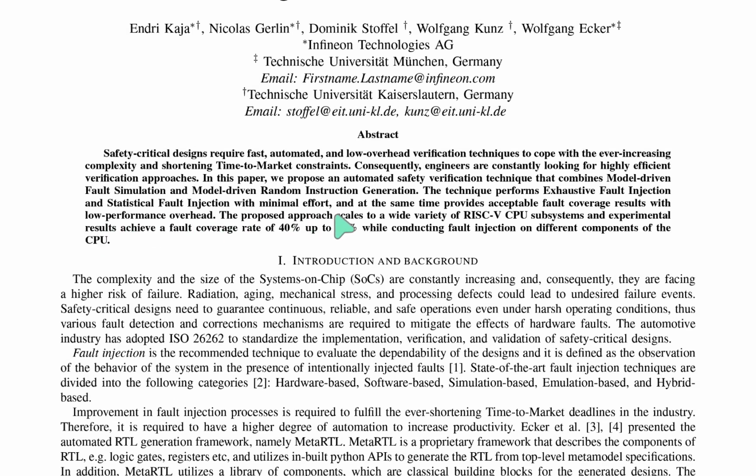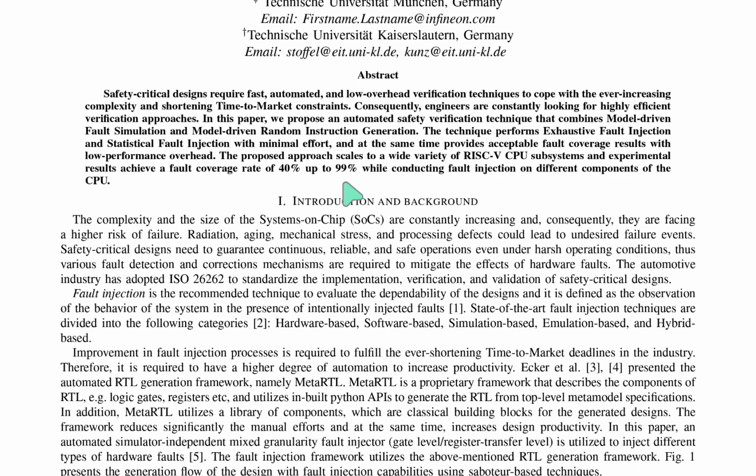The proposed approach scales to a wide variety of RISC-V CPU subsystems, and experimental results achieve a fault coverage rate from 40% up to 99% while conducting the fault injection on different components of the CPU.